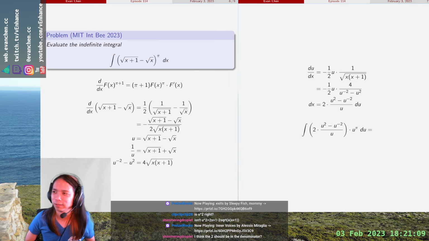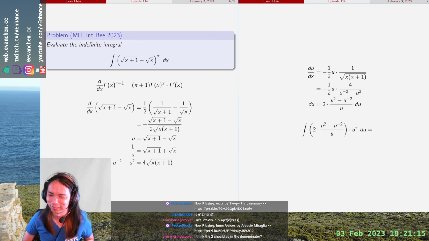There's a way to debug this, and it's called let's just use Python. x equals 7. Or let's use x equals 6. u will be x plus 1 to the 0 minus. Okay, those are equal.